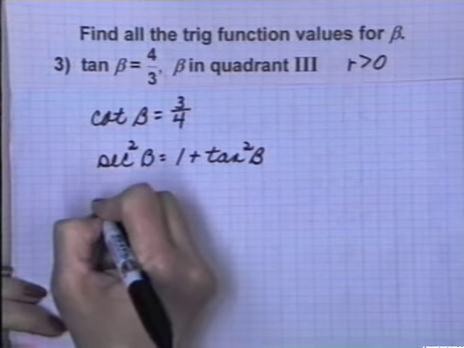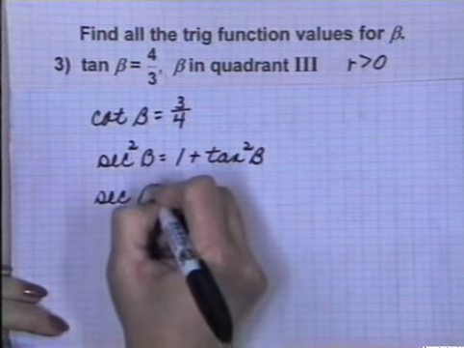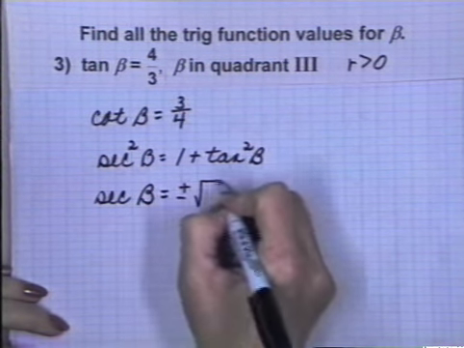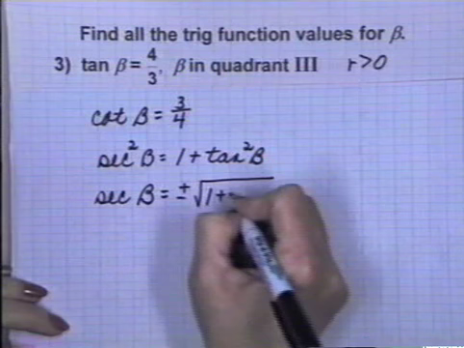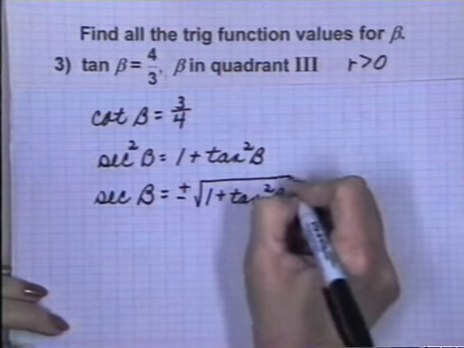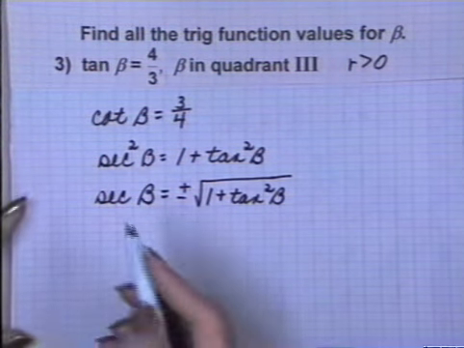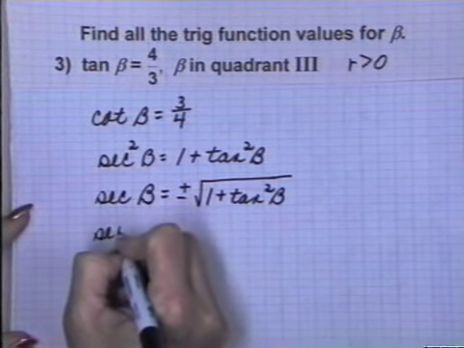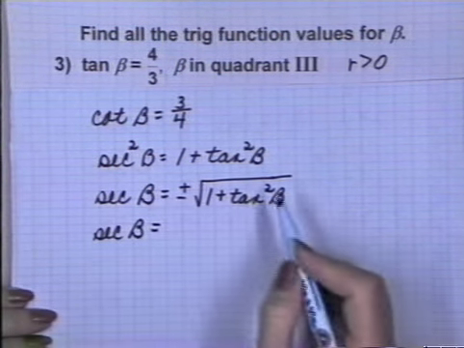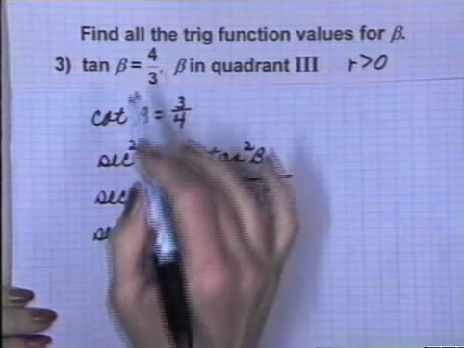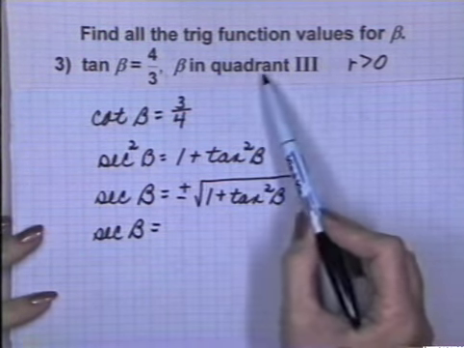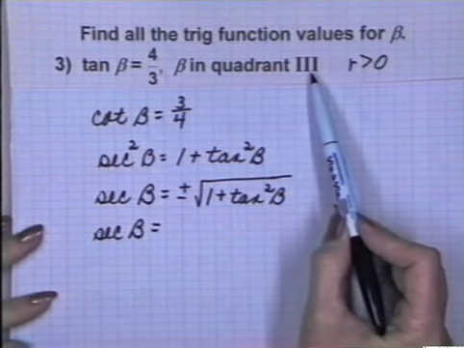And so to find the secant of beta, I know that the secant of beta is equal to plus or minus the square root of 1 plus tangent squared beta. And so what I'm going to do next is to decide whether this should be positive or negative, and then I'll replace my tangent of beta with that 4/3. And to decide whether it's positive or negative, I'll look at the quadrant. It's quadrant 3.